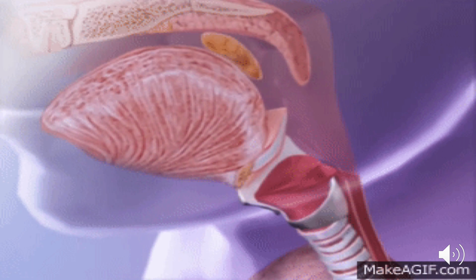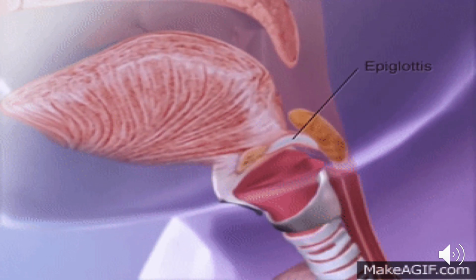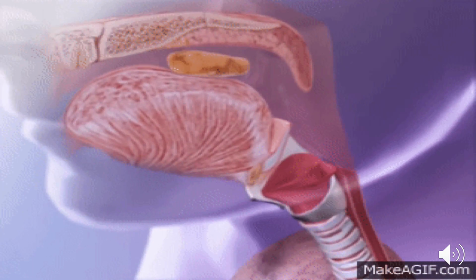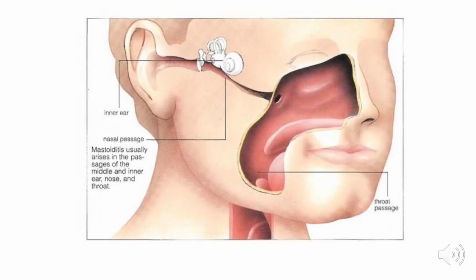Elastic cartilage can also be found in the epiglottis, which closes the airway during swallowing. Elastic cartilage can be found in the eustachian tube. It is a tube that links the middle ear to our oropharynx.